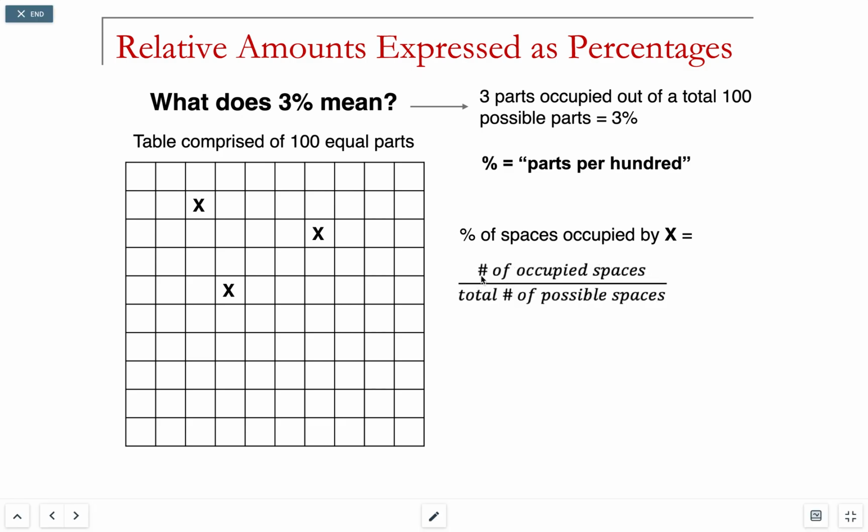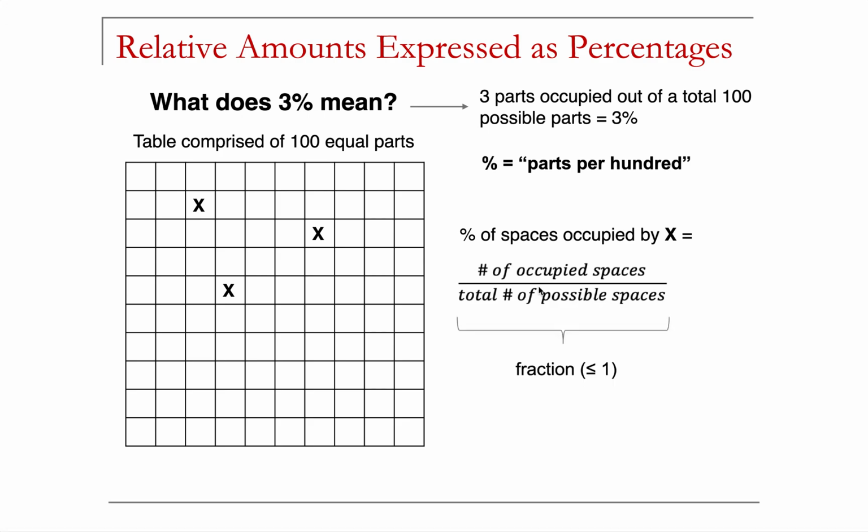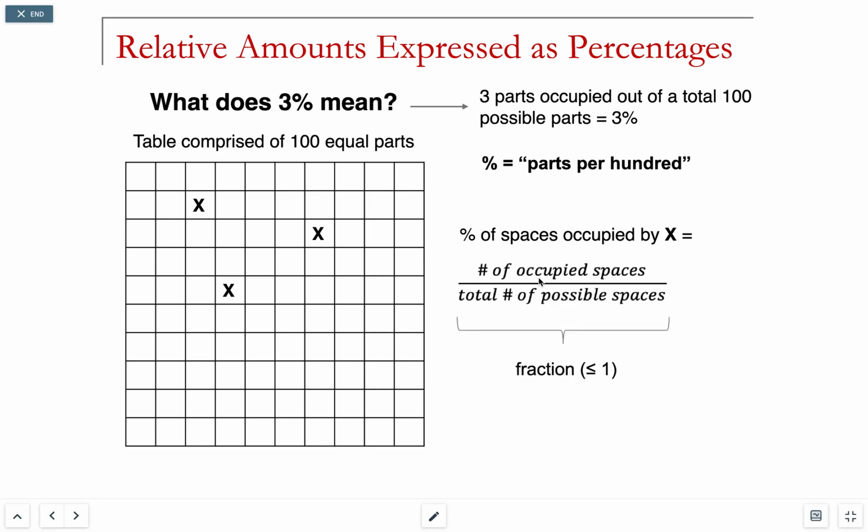It's always defined this way. The number of spaces that are being represented as being occupied divided by the total number of possible spaces. This fraction will always be less than or equal to 1. At most, it would be equal to 1, okay? And no bigger than that.